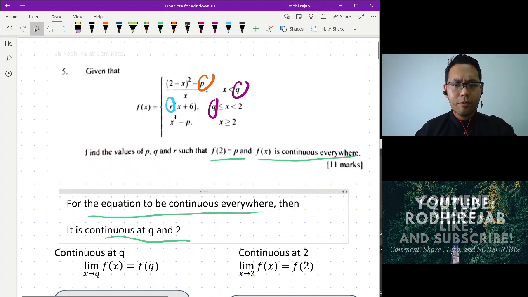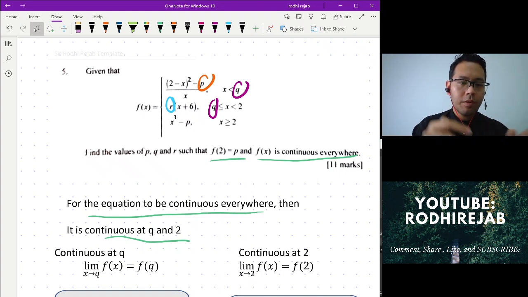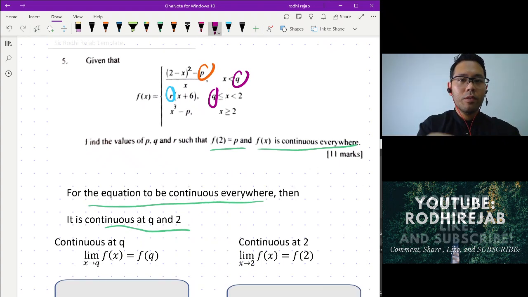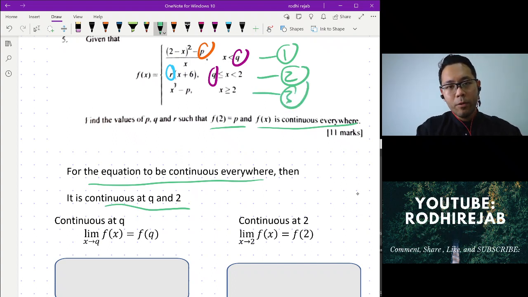Then we need to define what this equation is. Let's say this is equation 1, this is equation 2, and this is equation 3. All right? So let's start with the Q first.